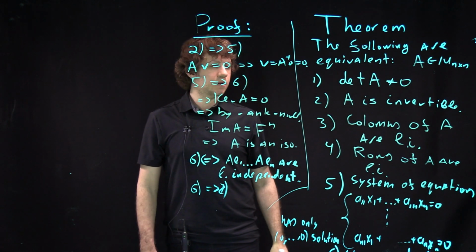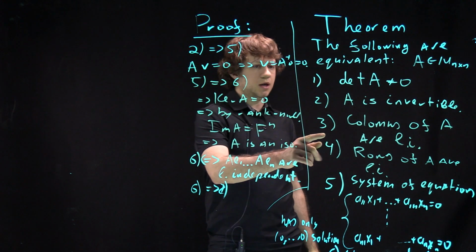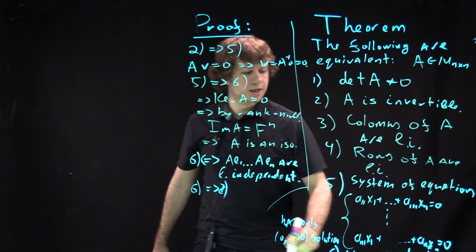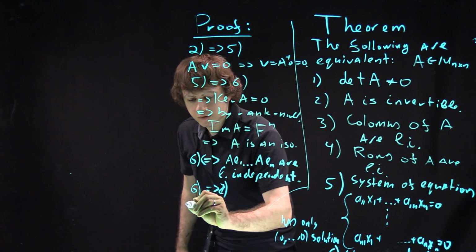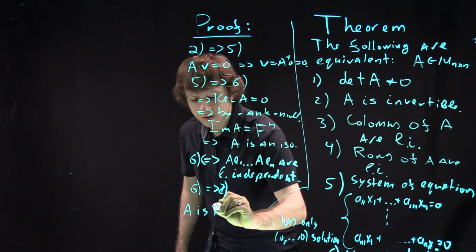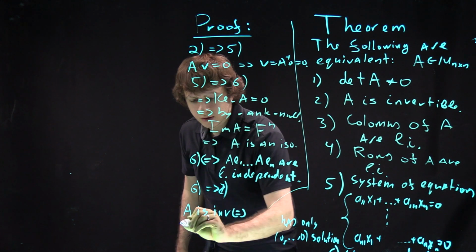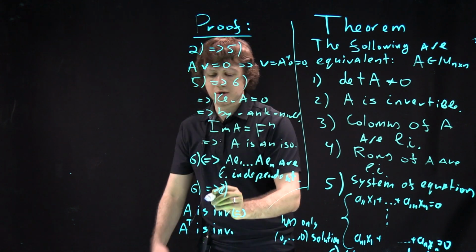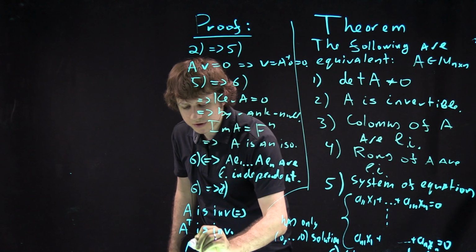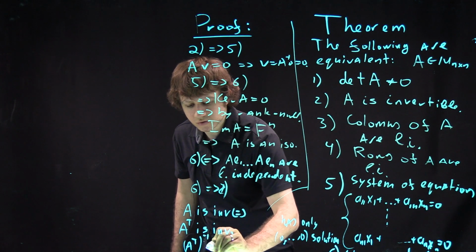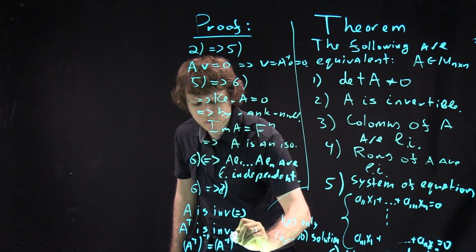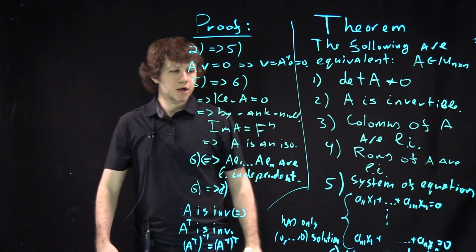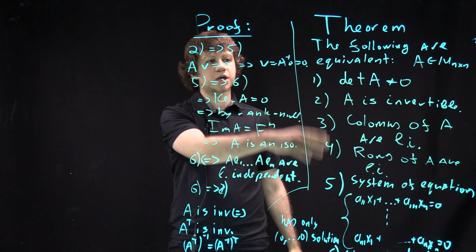And then of course we know that A is invertible if and only if A transposed is invertible, simply because if you take the inverse of A transposed, this will be just the inverse to A transposed. And so any statement for rows is equivalent to any statement for columns. So we see that everything is equivalent to each other except 1.